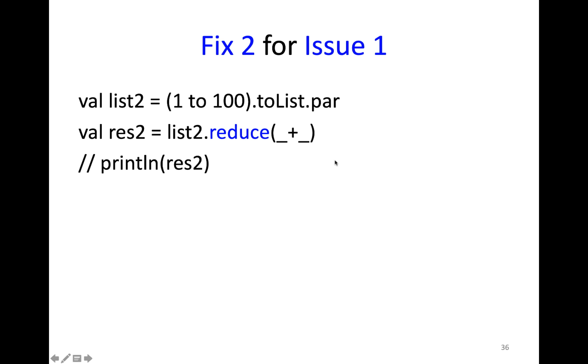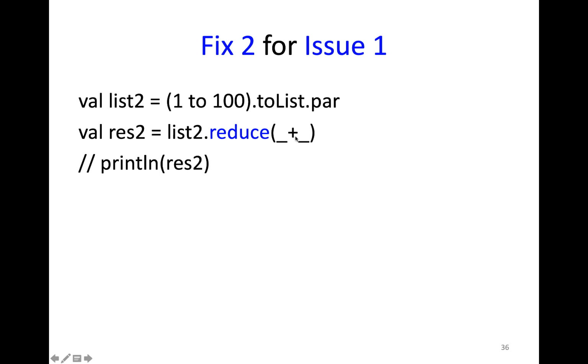The other fix maybe looks very simple, is just to use this reduce function available in Scala. So this is the parallel collection. We can say collection dot reduce. Reduce typically means an aggregation function, and we are doing the aggregation with plus underscore.